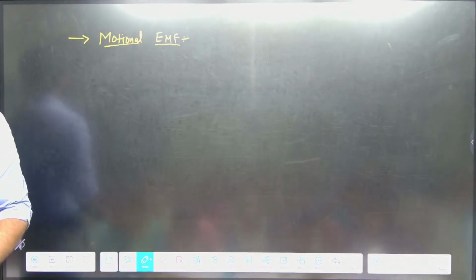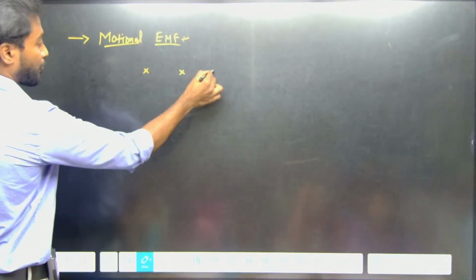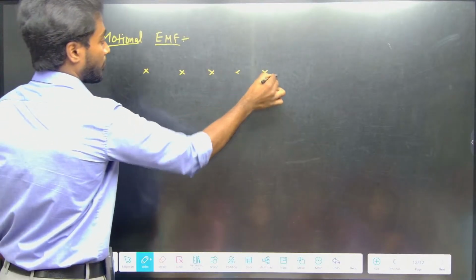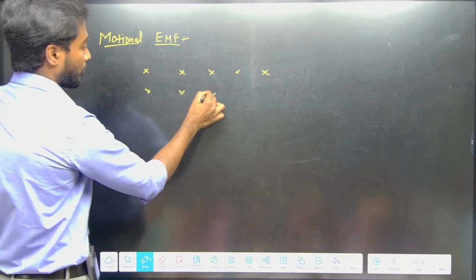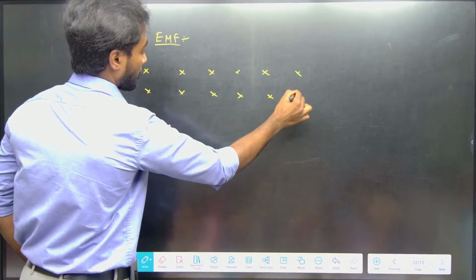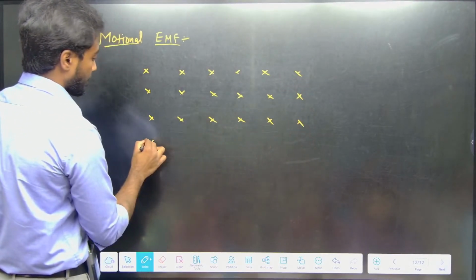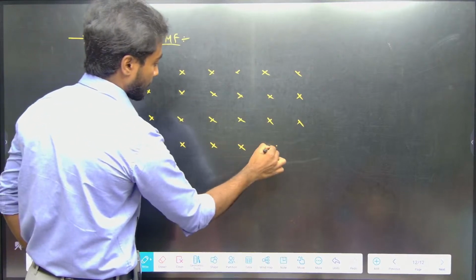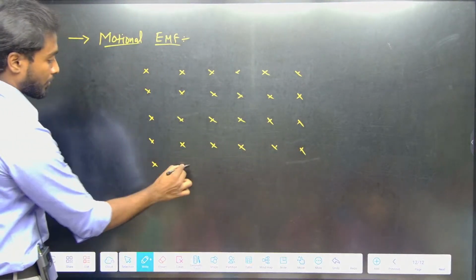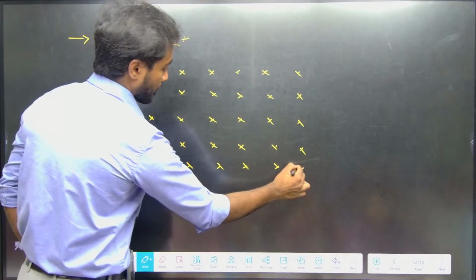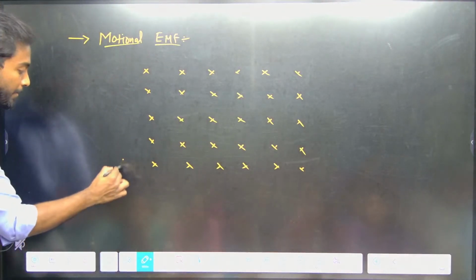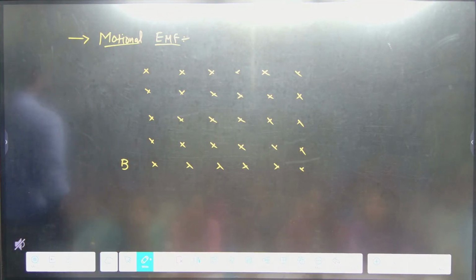Try to listen carefully here. I am taking the magnetic field. So there is a magnetic field B into the board.